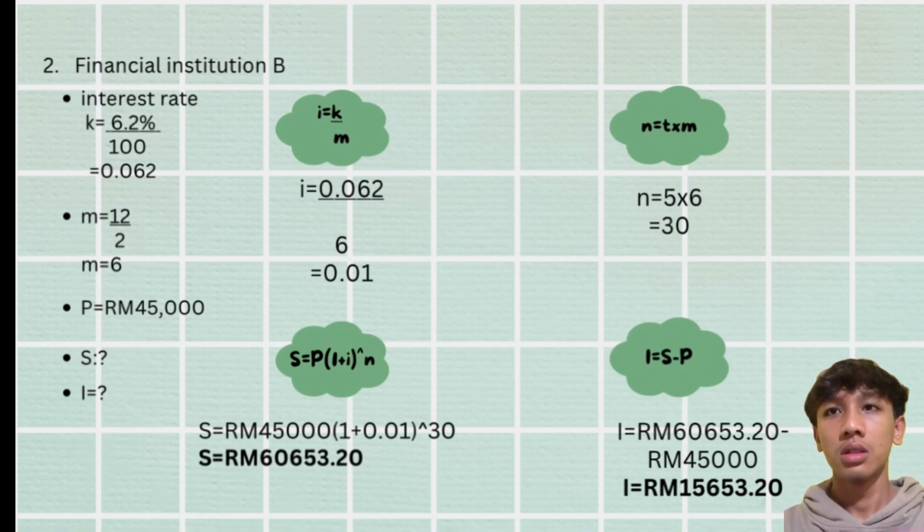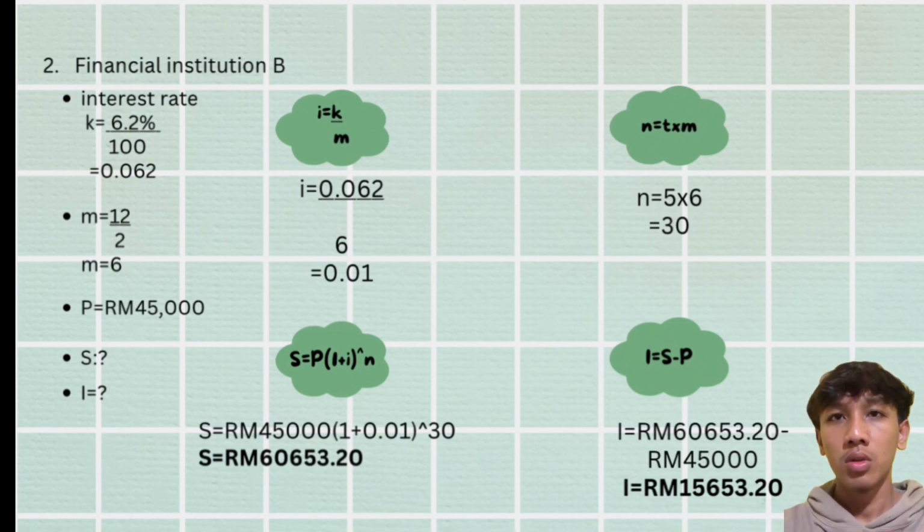I continue to use the formula S equal P in bracket 1 plus I in bracket power of N to find S. S equal RM 45,000 in bracket 1 plus 0.01 in bracket power of 30. The answer for S is RM 60,653.20.